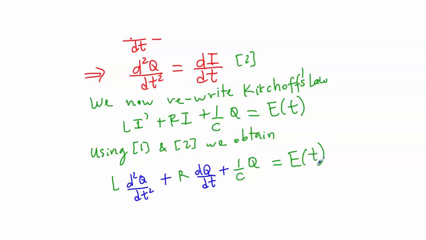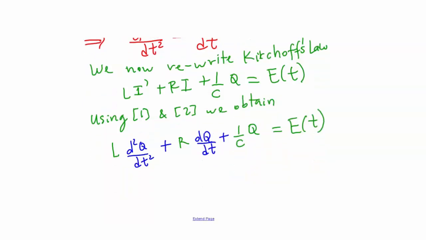So we have rewritten the law of Kirchhoff as this expression, and the advantage is that this differential equation is now second order. It's a second order ordinary differential equation, and it has one state variable, or one unknown.